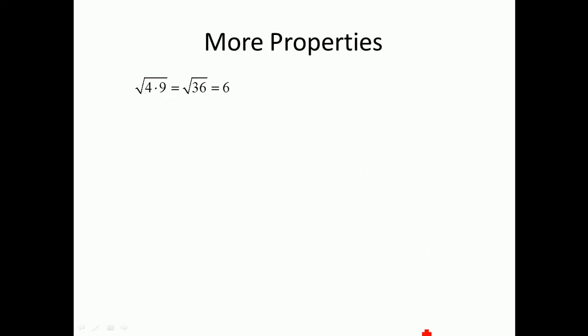A couple more properties we want to go through so we better understand this stuff. If you take the square root of 4 times 9, that's the same thing as the square root of 36, which is just 6, right? If we take the square root of 4 times the square root of 9, you get 2 times 3, which is also 6. So what you can deduce is that the square root of 4 times 9 gives you the same thing as the square root of 4 times the square root of 9.